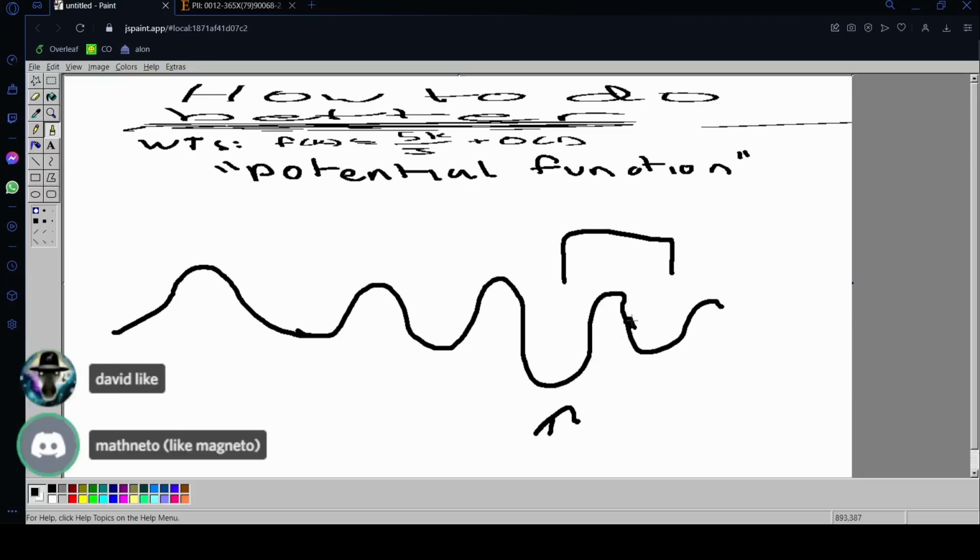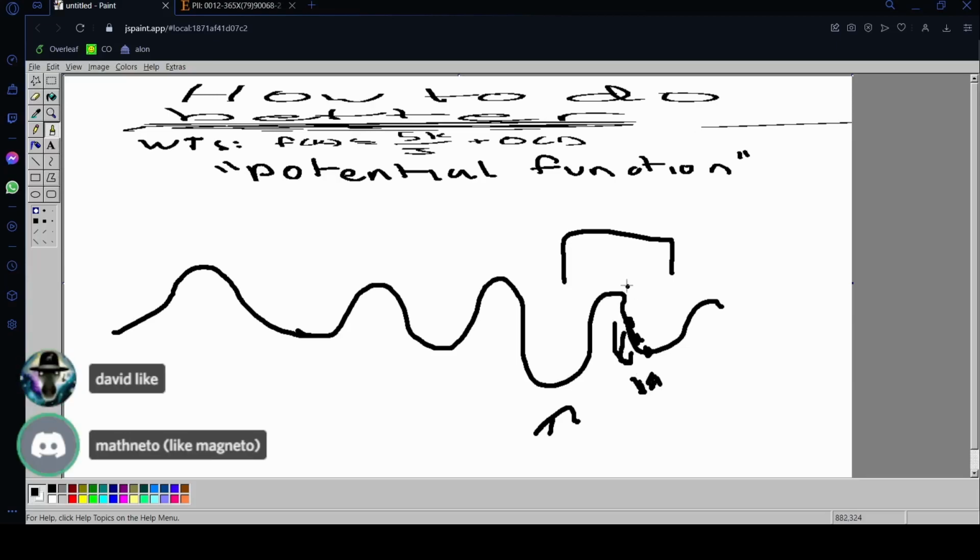But if you just looked locally, what you kind of see is, hey, it seems like I'm on a hill, or the slope is going downwards in this direction. I should probably take a step there. And so you'd find a local minimum over at this point.